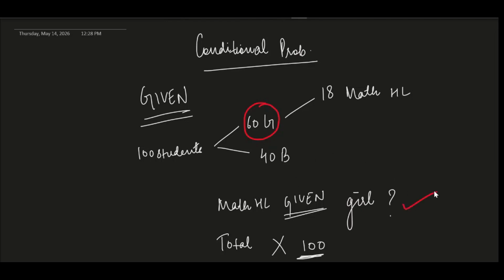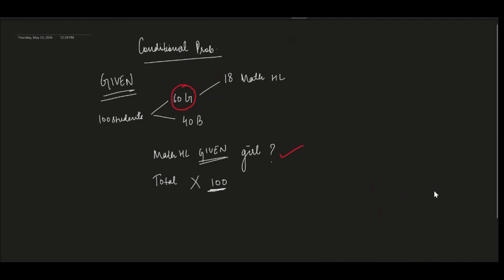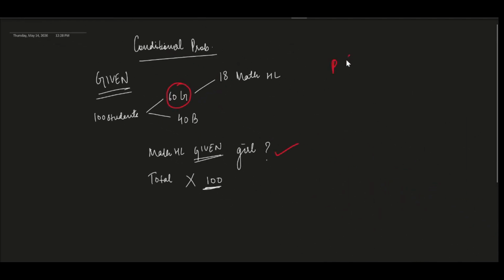If I have to find the probability of a randomly selected student who studies math HL given that the student is a girl, we put a bar and then write whatever has been given to us.